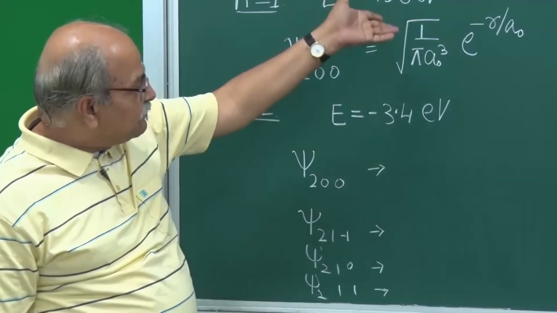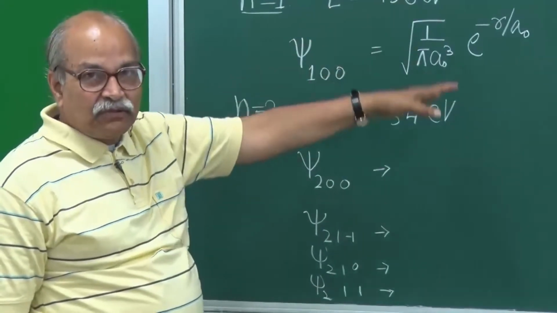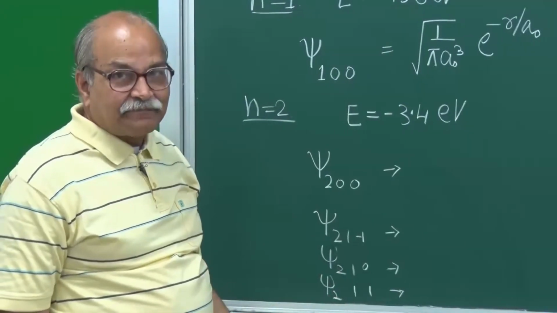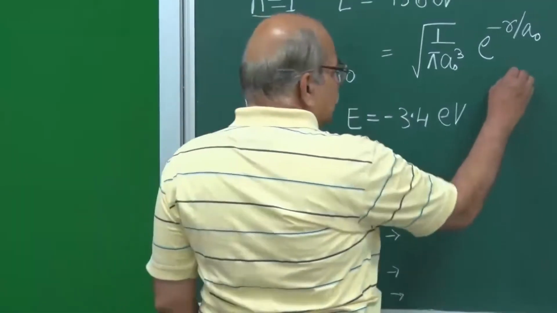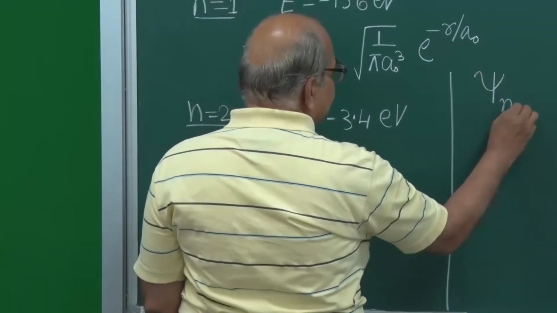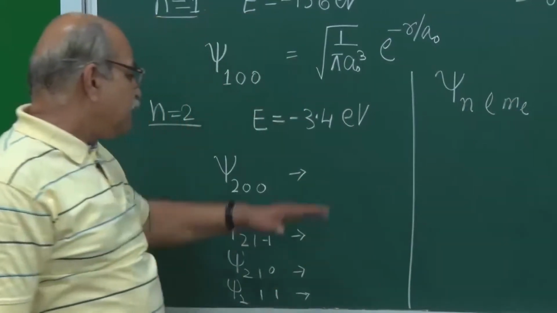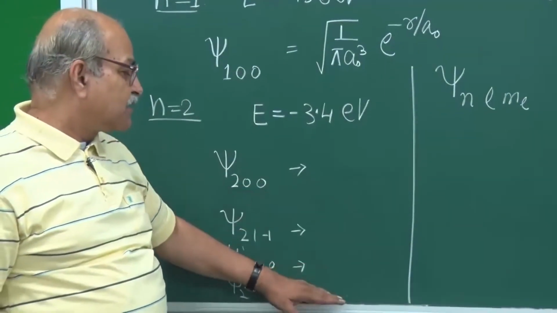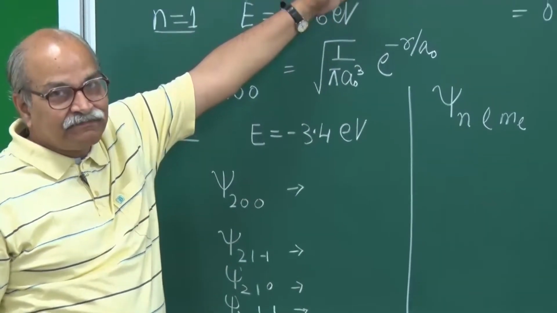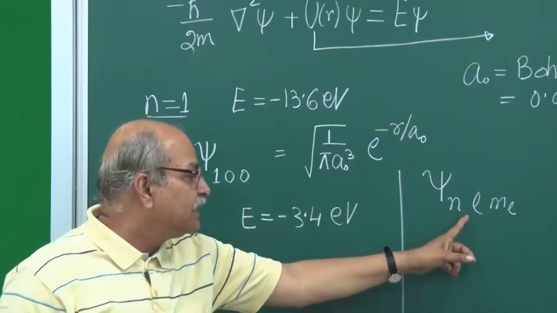And similarly, if you go for other energies, n equal to 3, n equal to 4, the number of independent wave functions will keep on increasing. So what we write is psi n, L and ml. These allowed wave functions which correspond to fixed energy can be written in terms of these 3 parameters n, L and ml.